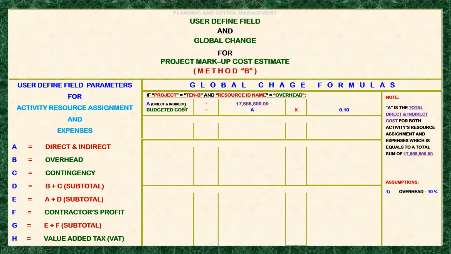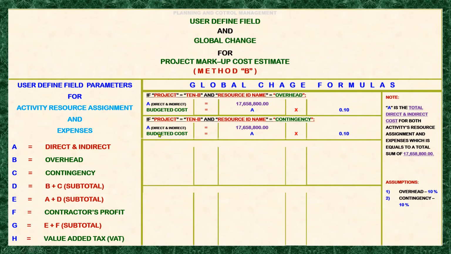Okay, so let's go to contingency. For contingency, the formula is the same as in the overhead cost, and the budgeted cost uses the same formula. We will be using contingency of 10%. So we'll put it here. The budgeted cost result will be intended for the contingency amount.